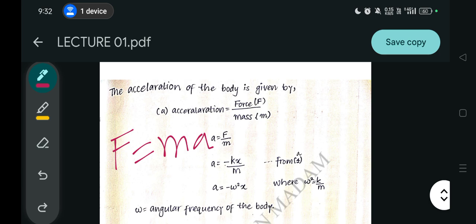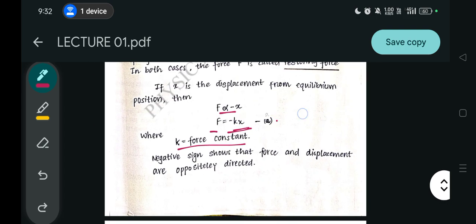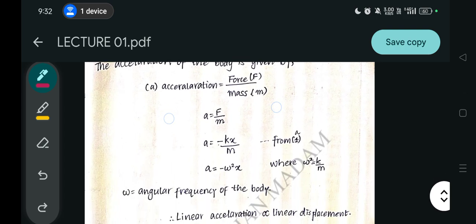If we want to deduce the value of acceleration, we can simply put m underneath F. So the acceleration of a body is given by a equals F by m. Now from the first equation, equation A, we know that F equals minus kx.